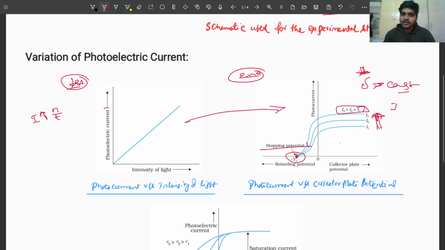What does stopping potential mean? This is the C plate, this is the A plate, and electrons are ejected out from this plate. If I change the polarity of the plates and make this plate negative, then the maximum potential at which no electrons can come out to the A plate is the stopping potential.